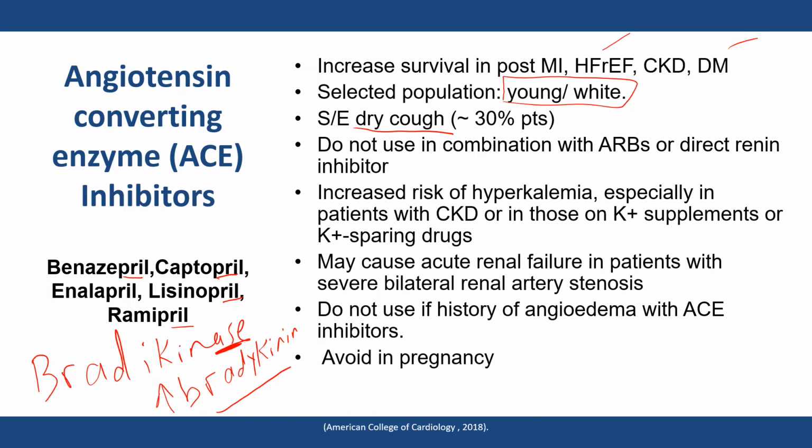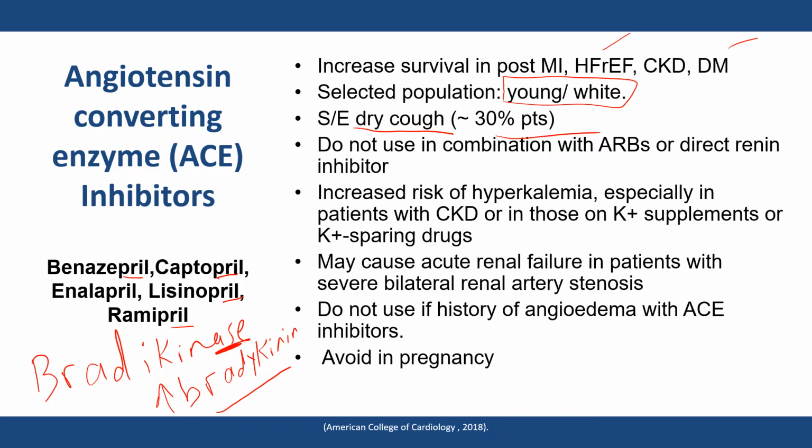Now it's not a cough where you have a respiratory infection or bronchitis or COVID or anything like that. It's annoying, and it happens in 30% of the cases. The best treatment, honestly, would be to stop ACE inhibitors and give them ARBs, and we'll talk about that in a second. All right.